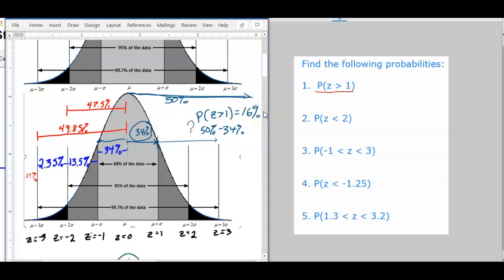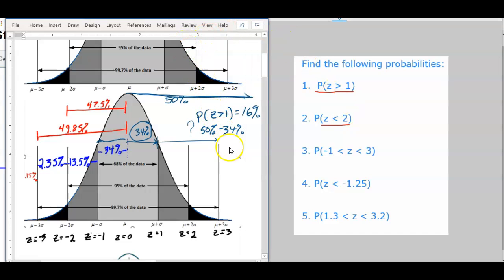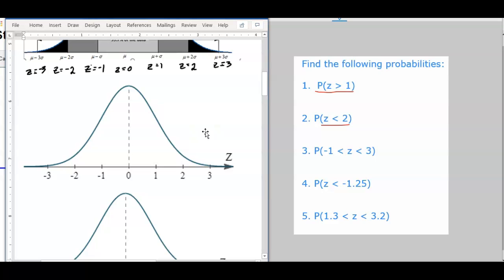So let's go to the next problem, where it's two standard deviations from the mean, and we want the probability that the z-score is less than 2 standard deviations from the mean. Probability that z is less than 2. Now that's a positive 2, so that's to the right. So we'll come back and look at this graph.